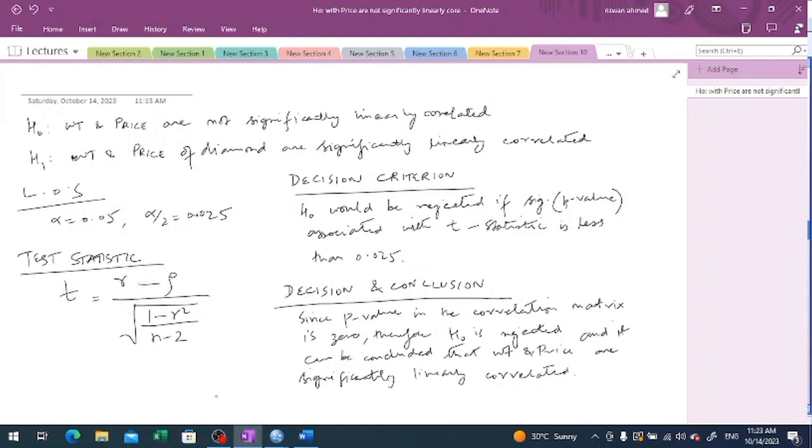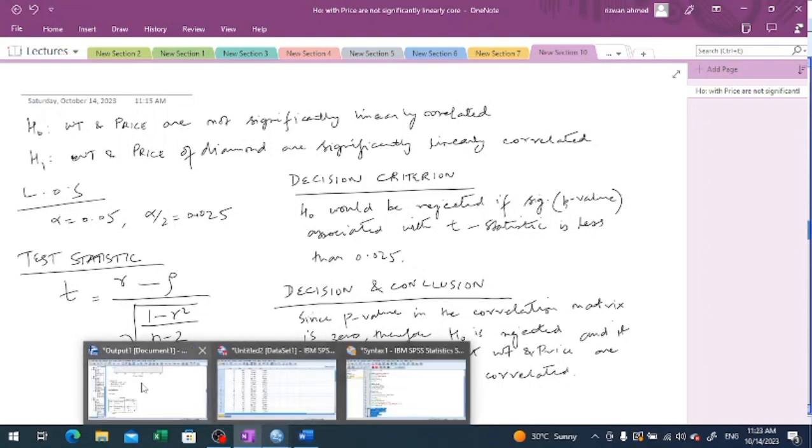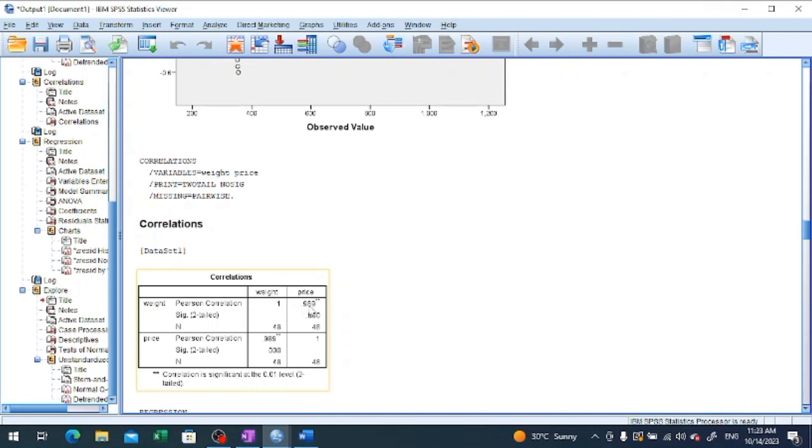If rejection goes on in the right tail, the T statistic will have a positive value. So what we can say after looking at the sign with the coefficient of correlation, because it is not T you mentioned over here, rather it is the coefficient of correlation that would tell us the nature of relationship.